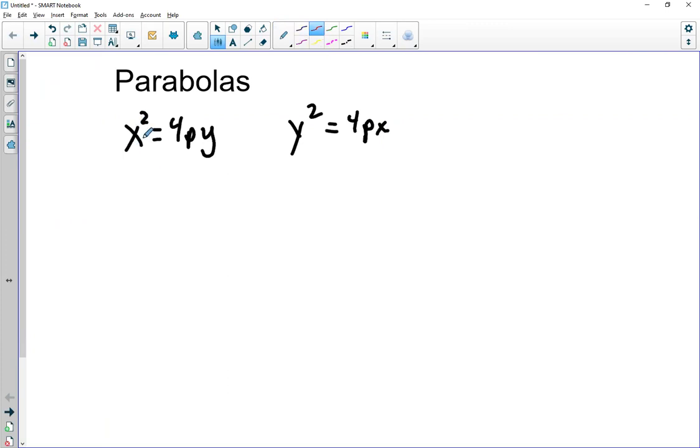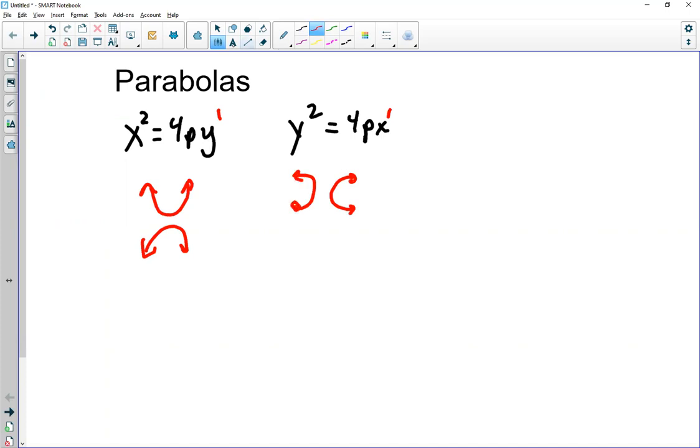If it's x squared, or you could think of it as y to the 1 power, you always follow the 1 power. So this would be vertical, whether it's up or down. And the x is to the 1 power here, so this will be horizontal, whether it's right or left.